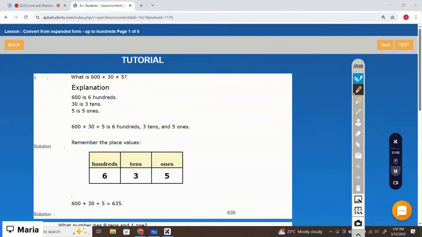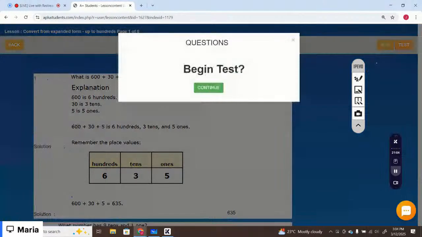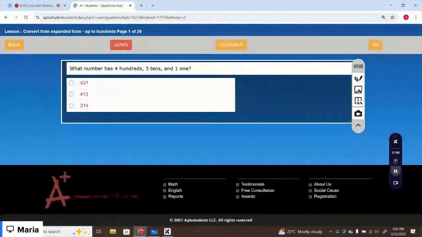Let's just start with the test questions. What number has 4 hundreds, 3 tens, and 1 one? 400, 3 tens, and 1 one.